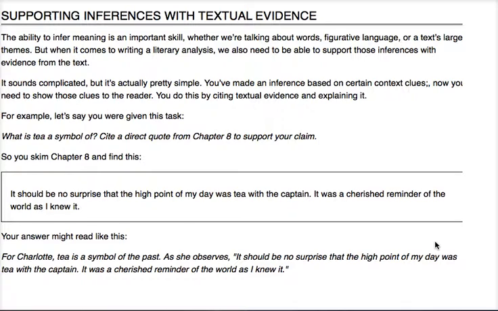So, for Charlotte, tea is a symbol of the past. As she observes, then you put in quotations, "It should be no surprise that the high point of my day was tea with the captain. It was a cherished reminder of the world as I knew it." This is exactly how you do textual evidence. You take a quote that shows your explanation and you write it in quotation marks. Simple as that. Okay?